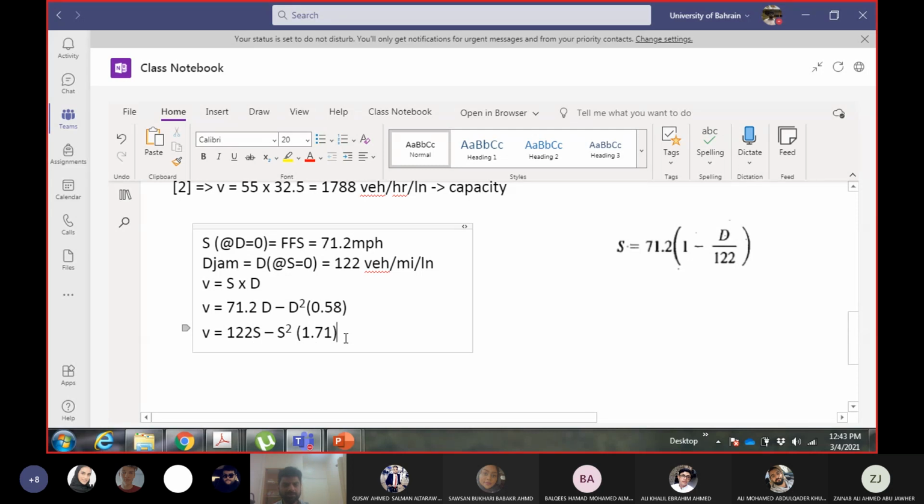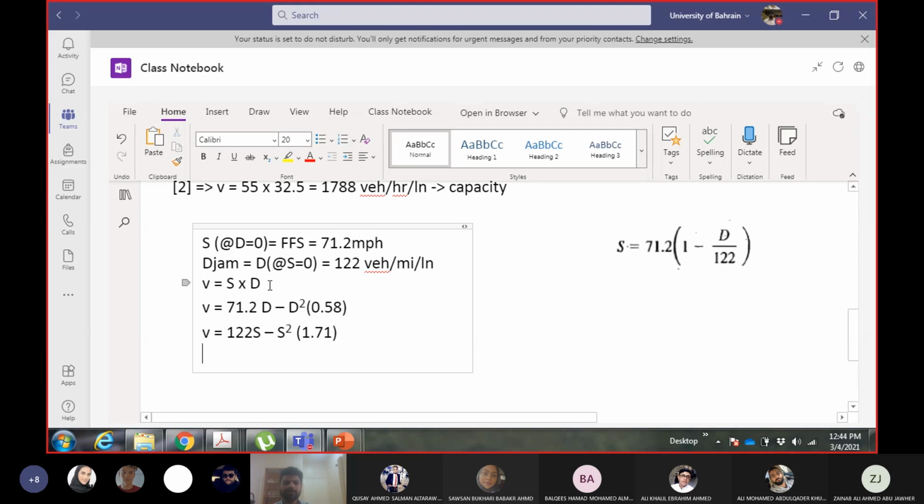The third part of the question was to find the capacity. For finding the capacity, we will use this equation, and in this equation I must put critical speed and critical density.